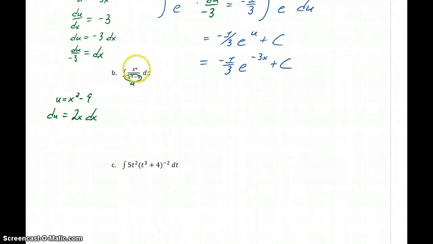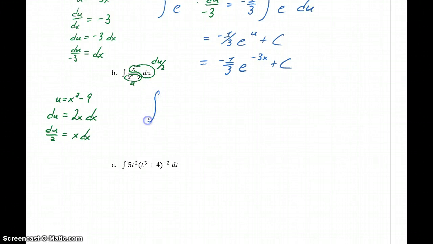Again, I have a problem where I don't have 2x dx to substitute out. All I have to swap out is just x times dx. So I can get x dx by itself if I divide both sides by 2. And that means in place of x dx, I can write in du over 2.